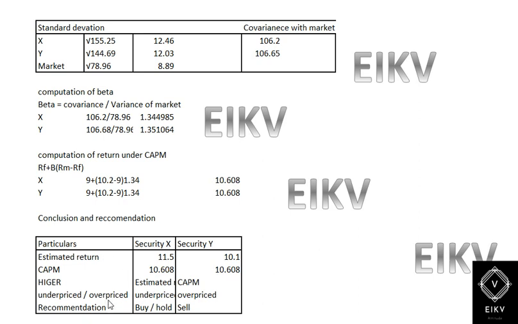So the recommendation for security X would be buy or hold. For security Y, the action recommended is to sell.